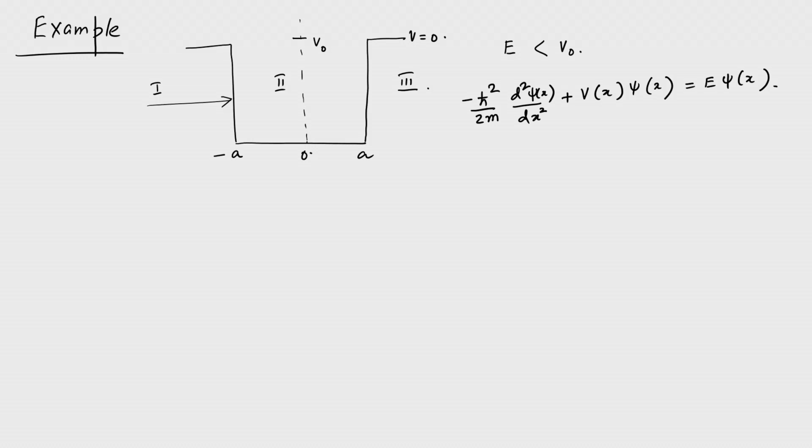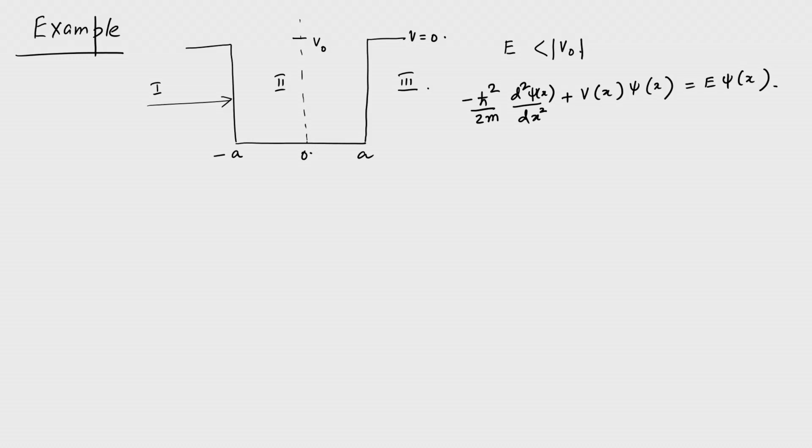The potential is 0 outside, and it's equal to minus V0 inside. In regions 1 and 3 one can put the potential equal to 0, and in region 2 the depth is V0. The energy of the particle is actually lower than the magnitude of this, and so on.